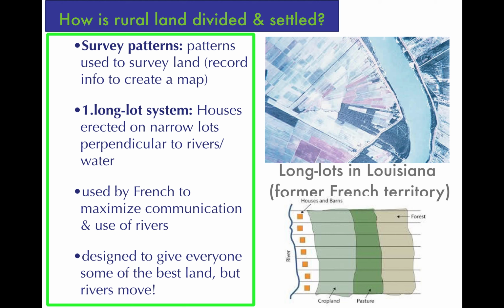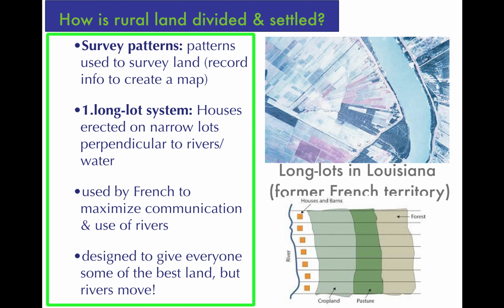They're taking pictures of the land. Surveying, generally speaking, means you're recording the information of an area to create a map. In this instance, survey patterns means how land is divided up on a map. There are many different ways to do this, and there are three primary ways that we're going to take a look at. One way of dividing up rural land and settling on that land is called the long lot system.